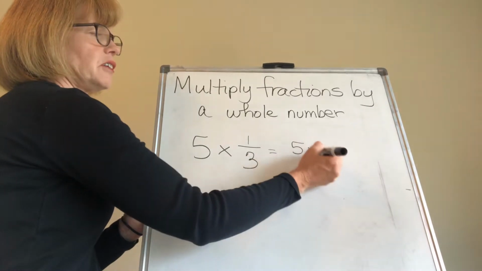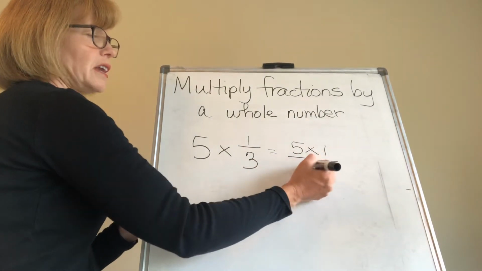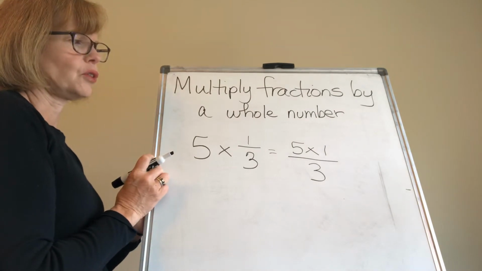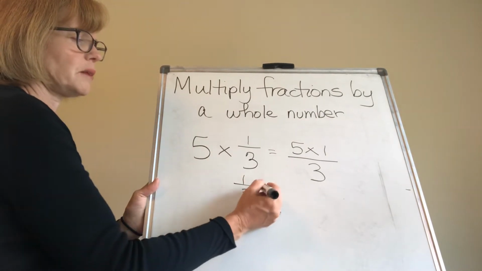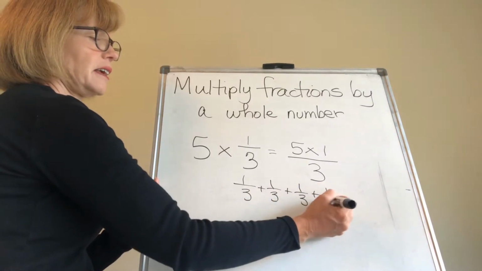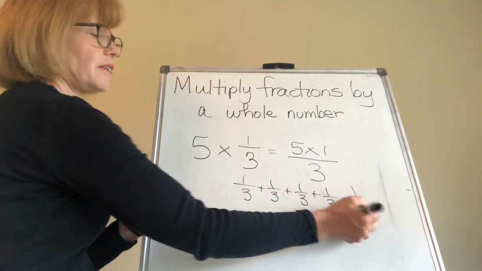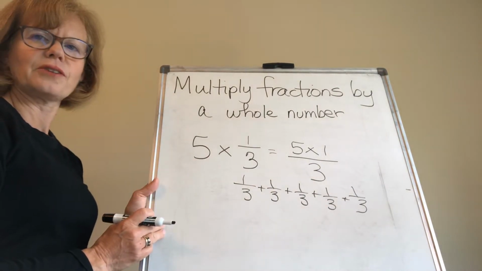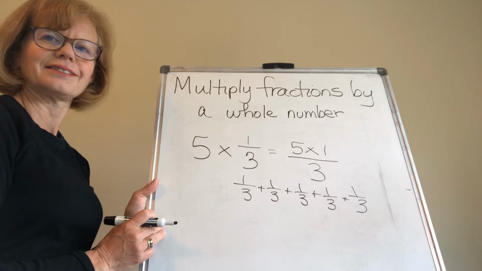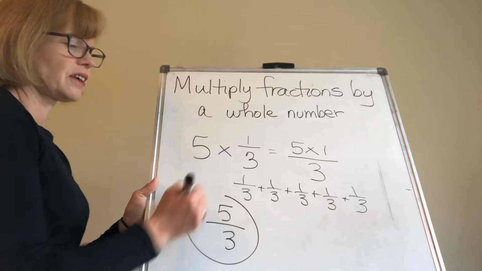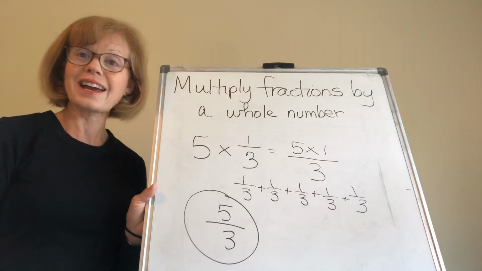Remember, basically you're saying the numerator times the whole number, or you might be thinking about it like this. I've got 1/3 5 times. So what do you think the answer is? If you said 5/3, you are correct. Great job.